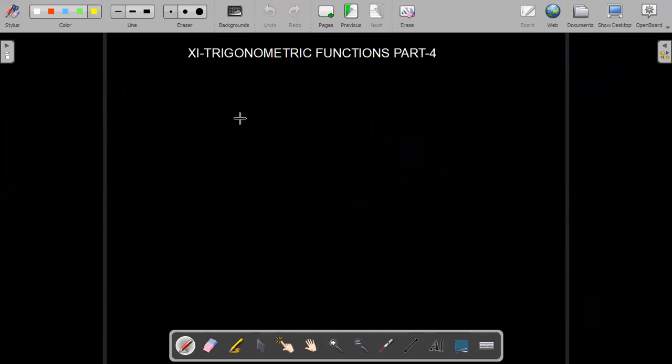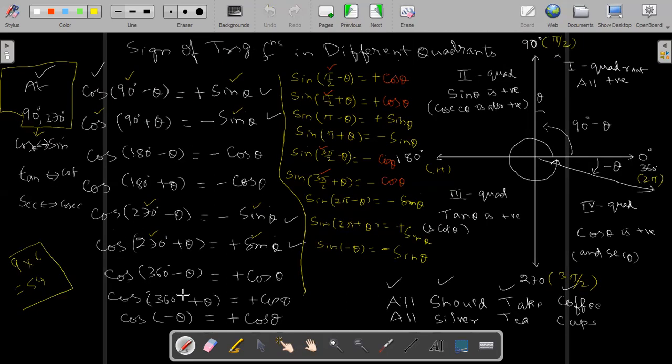Suppose we have to find the value of sine 360 plus theta; it means we reach this point. If we take 2 rounds, we will also be here. 3 rounds, also here.